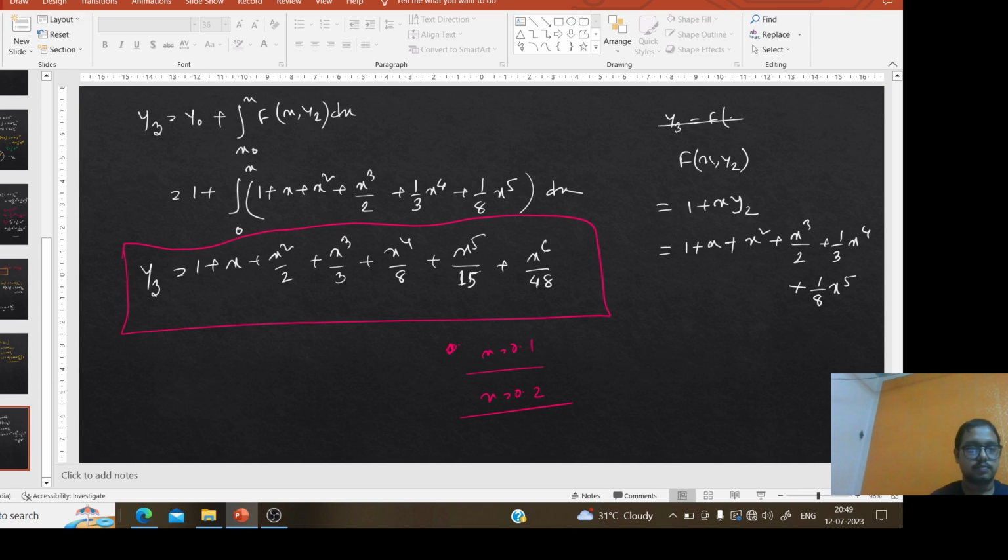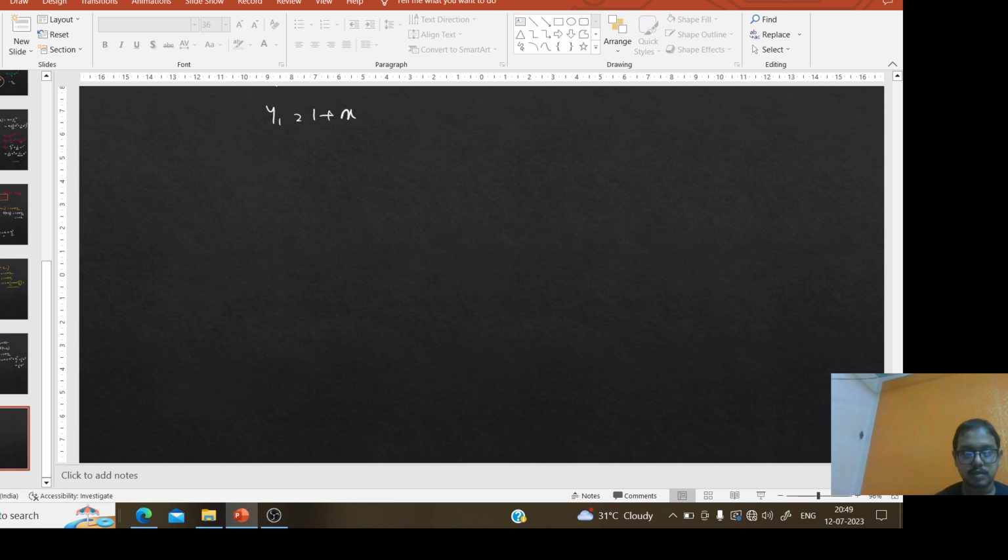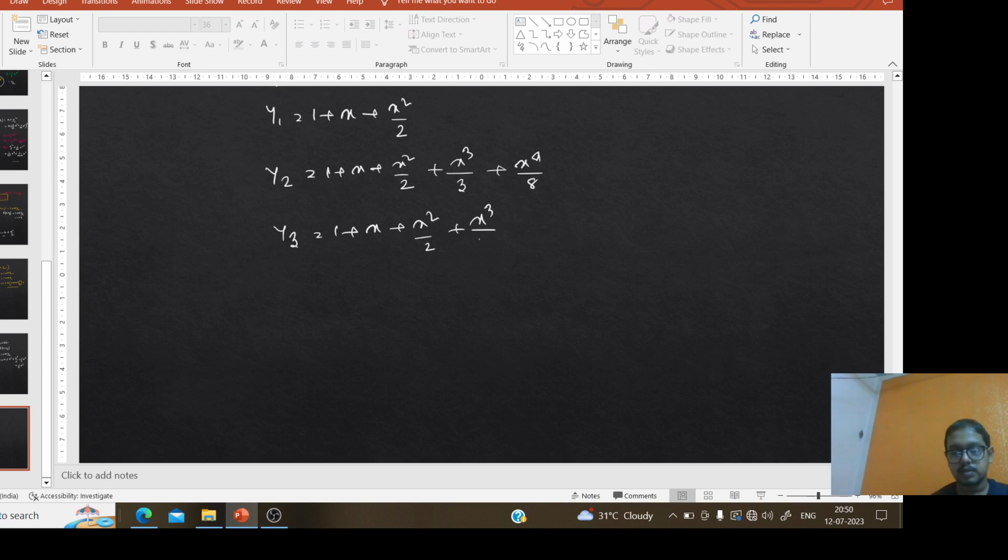So now what we get is y1 is equal to 1 plus x squared by 2. y2 is 1 plus x squared by 2 plus x cubed by 3 plus x to the power 4 by 8, and y3 is 1 plus x squared by 2 plus x cubed by 3 plus x to the power 4 by 8 plus x to the power 5 by 15 plus x to the power 6 by 14.